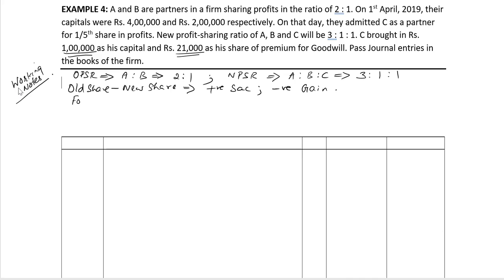So for A, old share 2 divided by 3 minus the new share 3 divided by 5. We have a positive 1 divided by 15 and A has sacrificed. For B, old share 1 divided by 3 minus the new share 1 divided by 5.